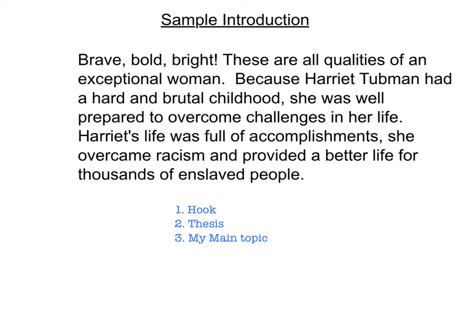So my introduction includes my hook, my thesis, and then my main topic sentences, which explain to my reader what the rest of my paper is going to be about. And that's what your introduction must include, those 3 things. It's extremely important that your introduction has all those elements because that's what makes a really strong introduction.